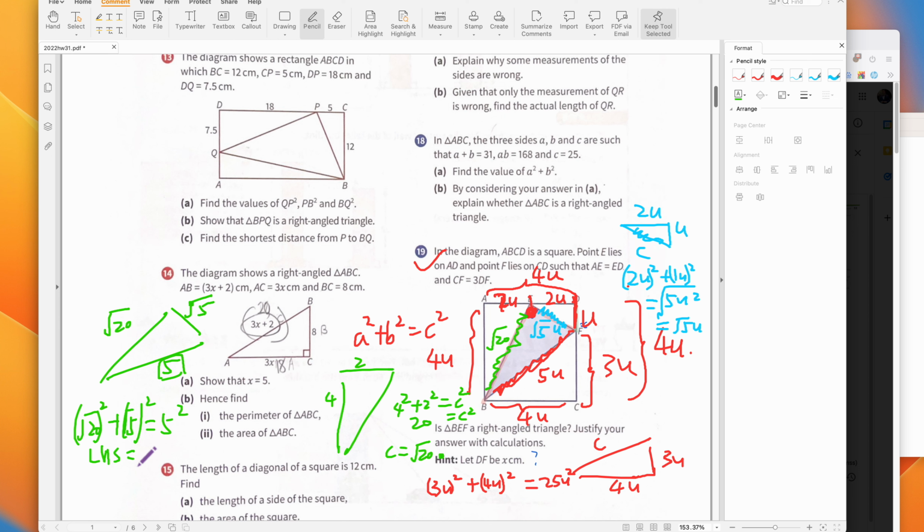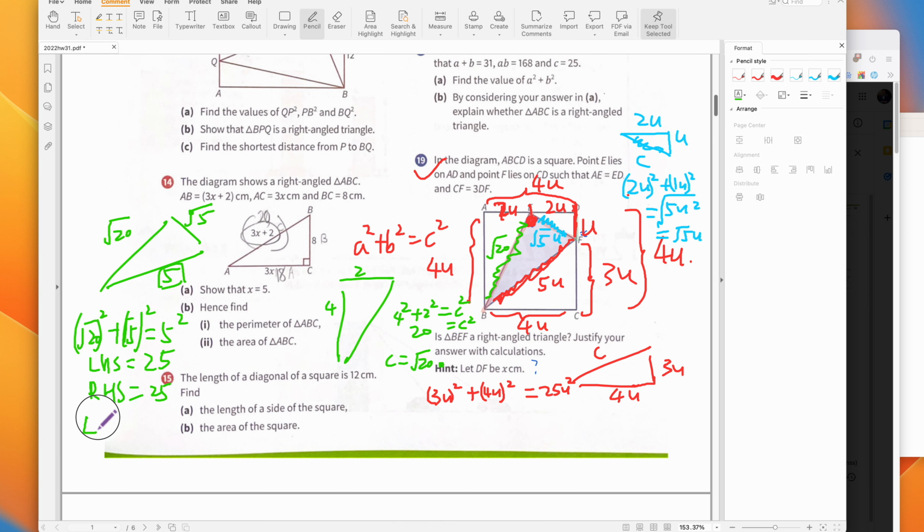Okay, good. So what's your right hand side? 25. So is it valid? Yes. Okay, so LHS is equal to RHS. Okay, so it is valid. And therefore, this triangle is a right angle triangle. So therefore, this is a right angle triangle. Yes. So yes.